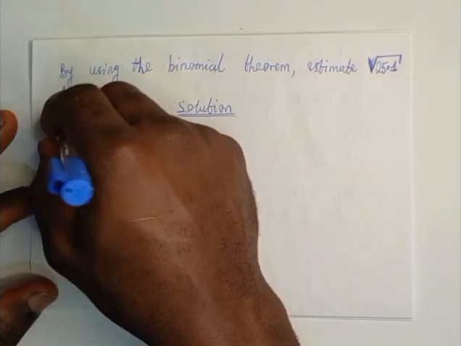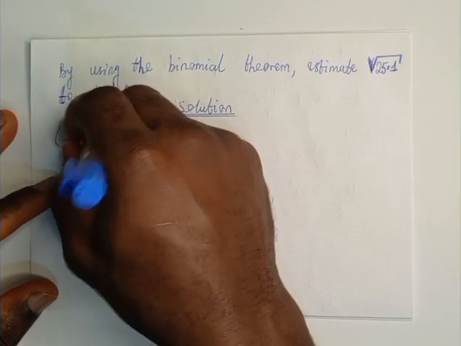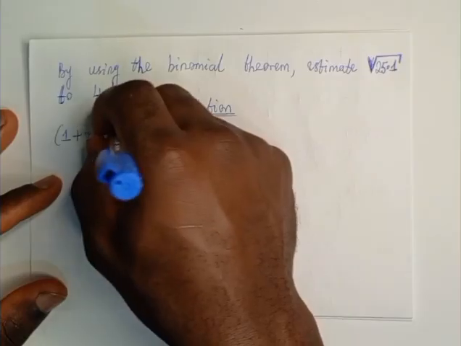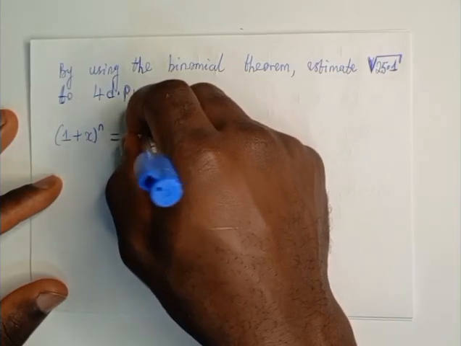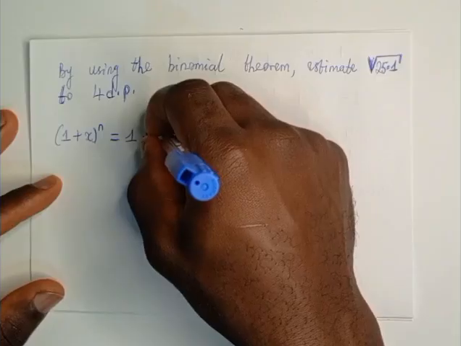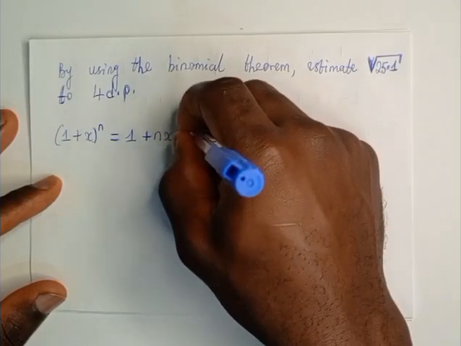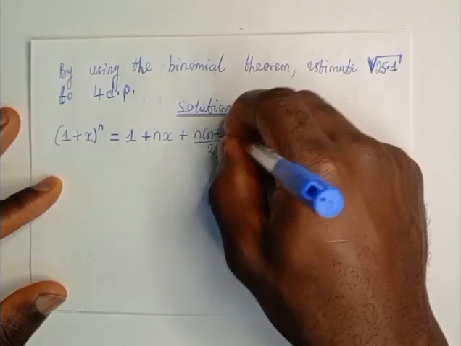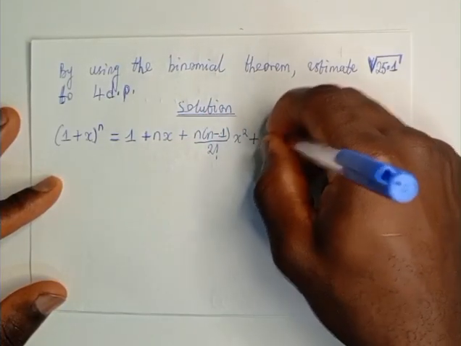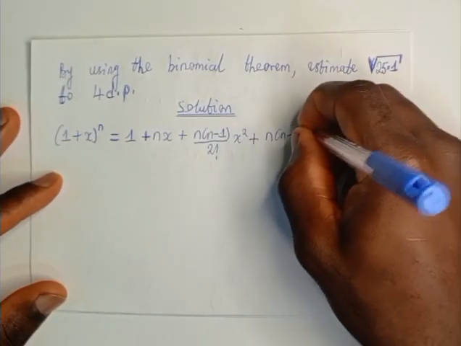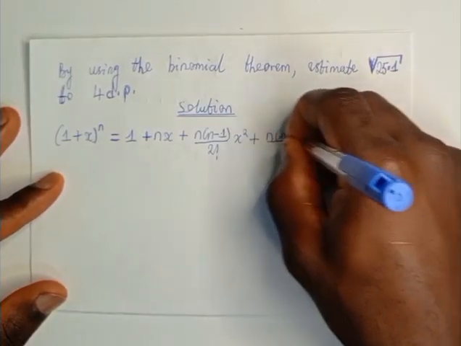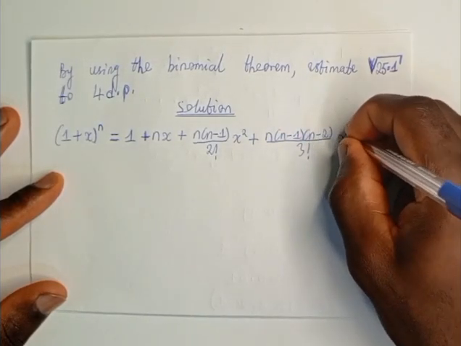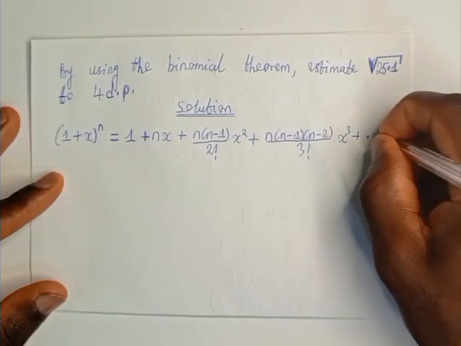We know if we have 1 plus x raised to the power n, where n is a rational power, the expansion will simply be equal to 1 plus n times x plus n times n minus 1, divided by 2 factorial, times x squared, plus n times n minus 1 times n minus 2 all over 3 factorial, multiplied by x cubed, plus 3 dots.